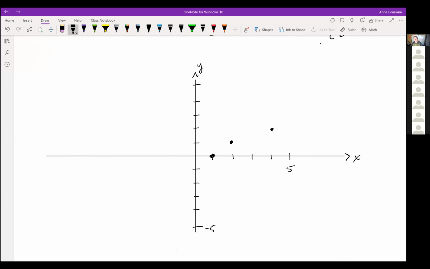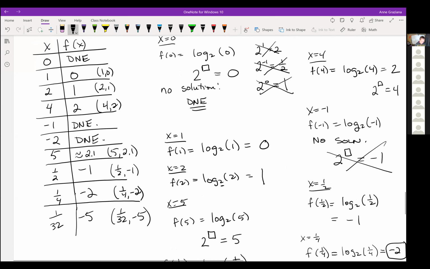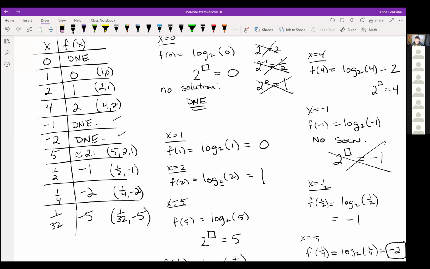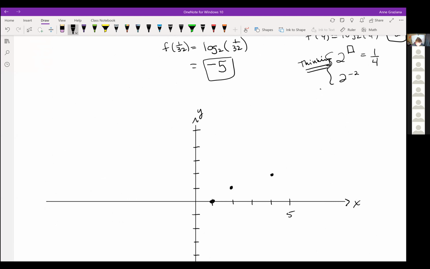Okay, right away you should be thinking this is going to be some kind of curve because that's not a straight line. Okay. All right, then I couldn't put in -1 or -2, so let's go to 5. 5 and it's about 2.1, so it's going to be just above this.